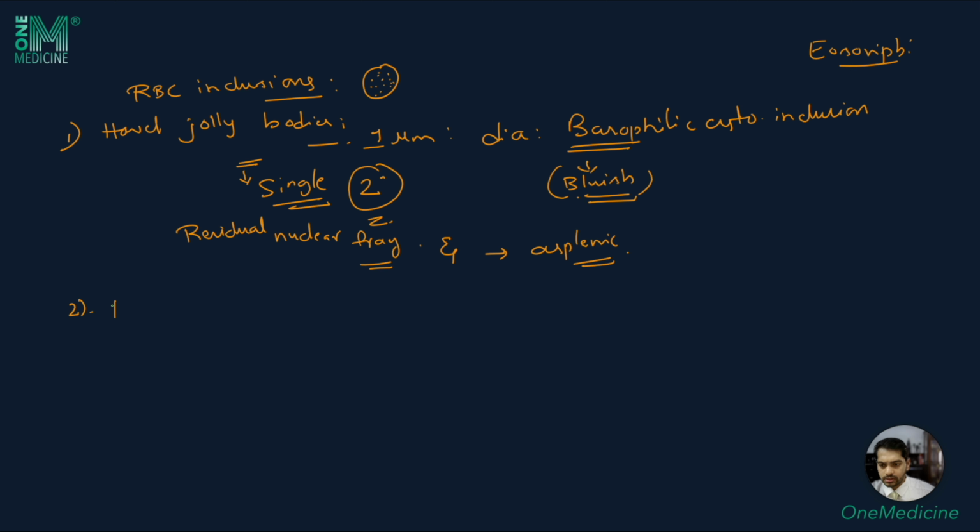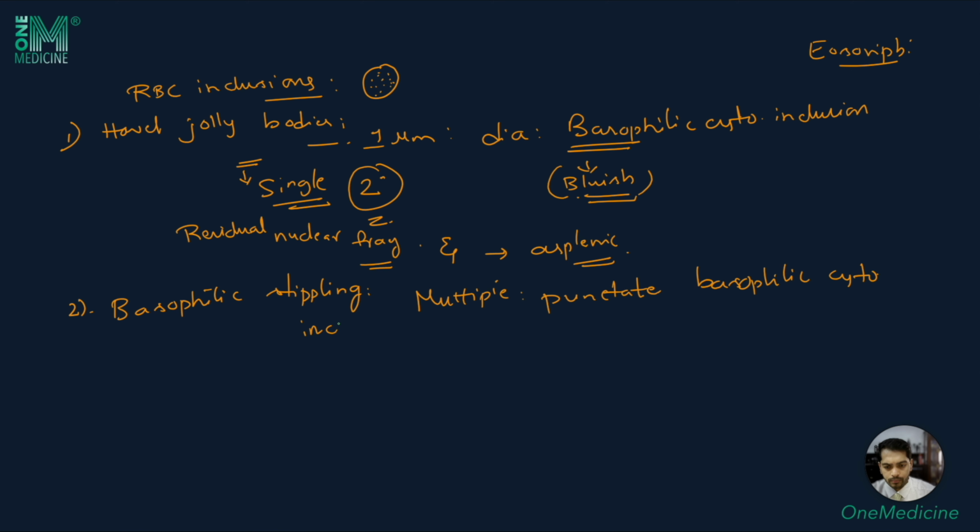The second type is basophilic stippling. Basophilic stippling is basically multiple, as against the Howell-Jolly bodies where there is only one. These are multiple punctate basophilic cytoplasmic inclusions.